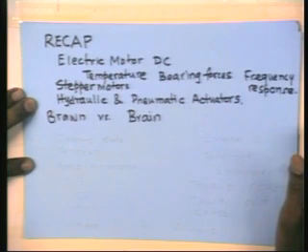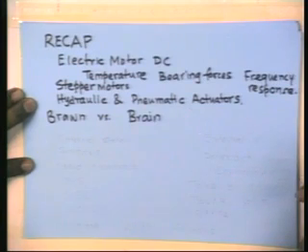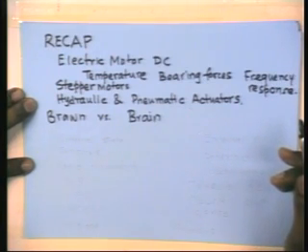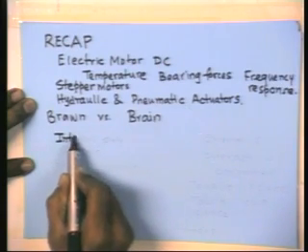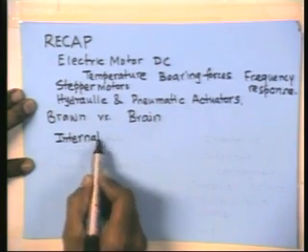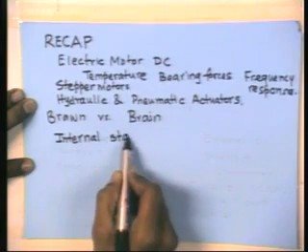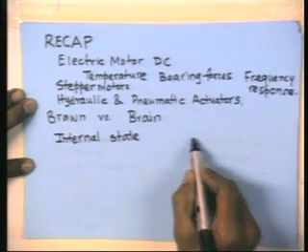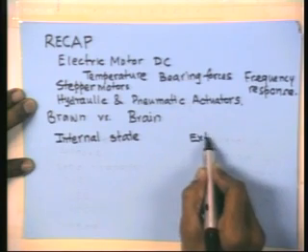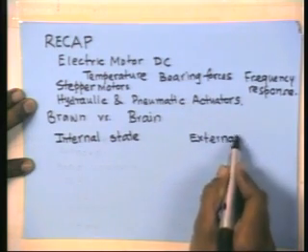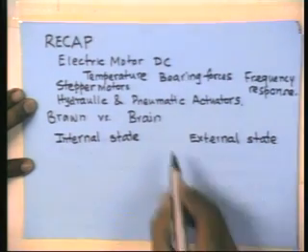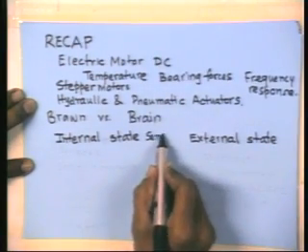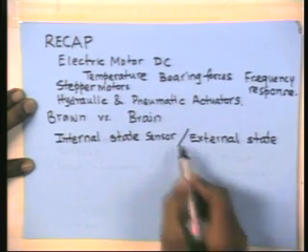Now, as far as robotics is concerned, we divide the sensors into two different types. Primarily, they will be called internal state sensors and external state sensors. Okay, these are sensors we are talking about. We will talk about controllers after that.